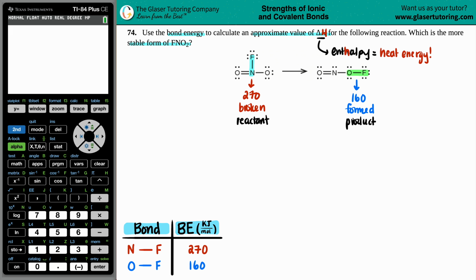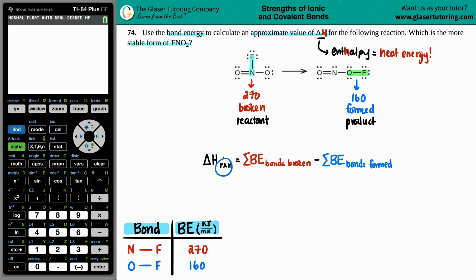But now what are we going to do with these values to find out the approximate delta H? Well, there's a formula. You know that there's a formula, right? The formula is this. Now it's the enthalpy change, the delta H. Notice how there's no notch up top here because we're not dealing with the standard values in the back of a textbook.